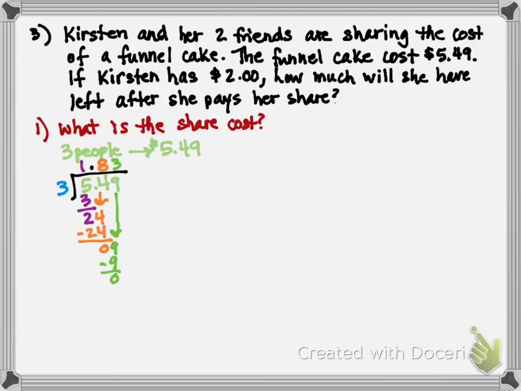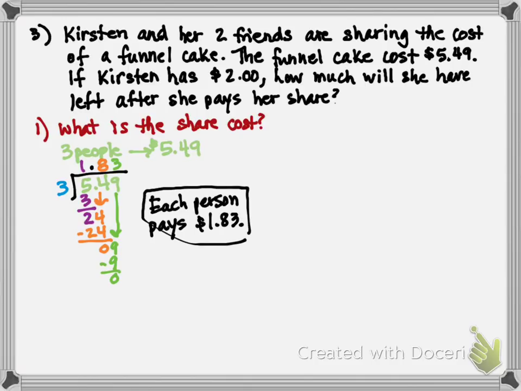So the fair share, what each person's going to pay, would be $1.83. Each person pays $1.83. Where did that come from? Okay? That's just that piece.